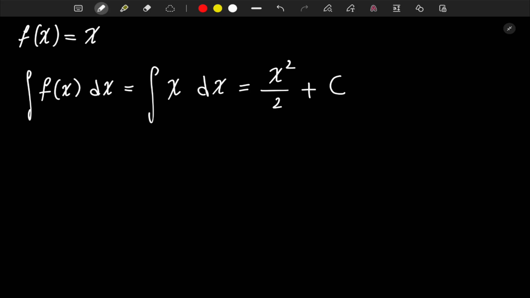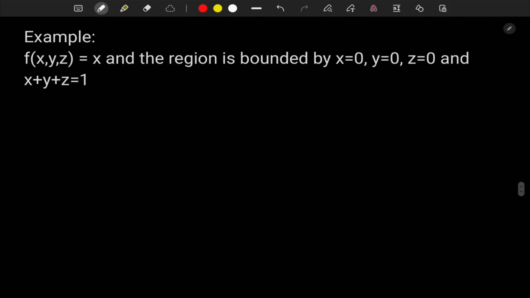Now let's take an example for triple integration. This example is asking us to find the volume bounded by this region right here. So basically we have to find the triple integration of this function right here.